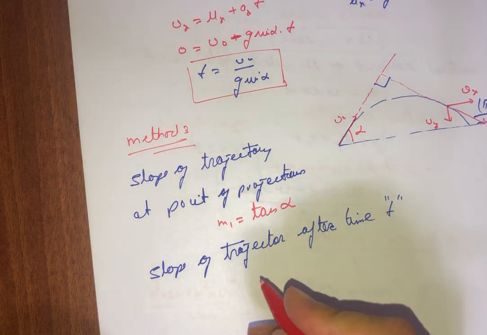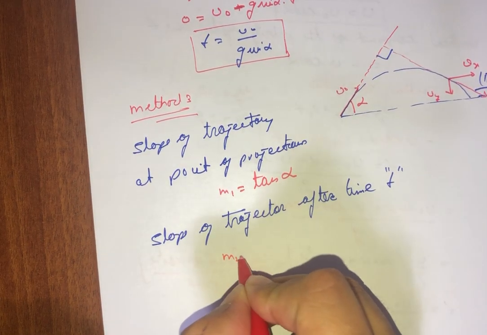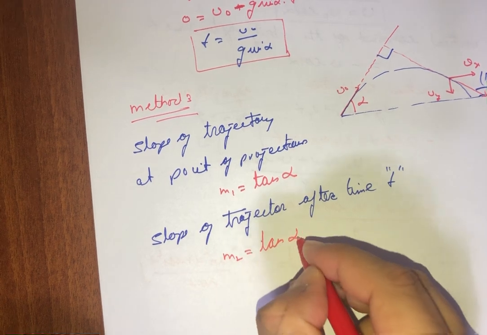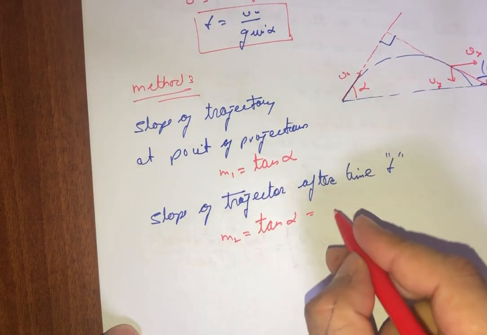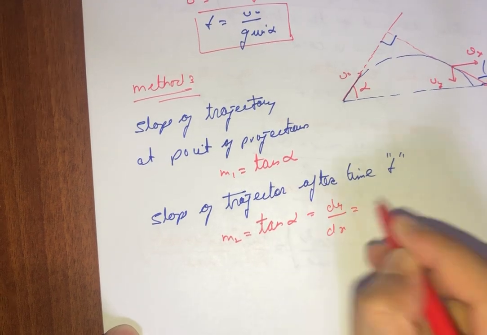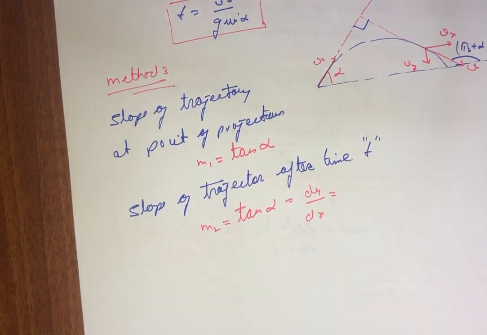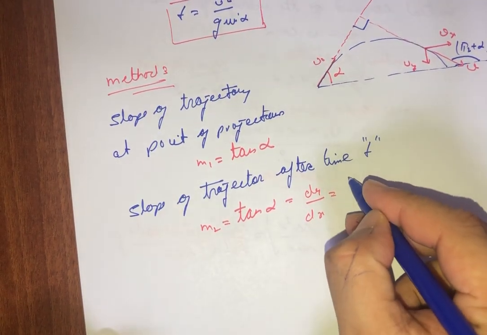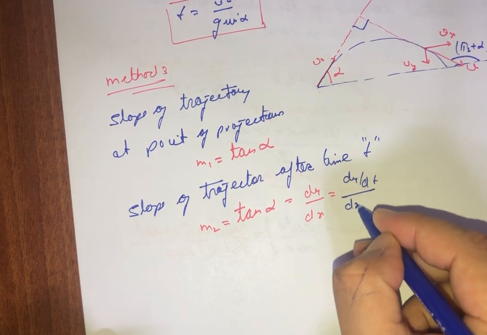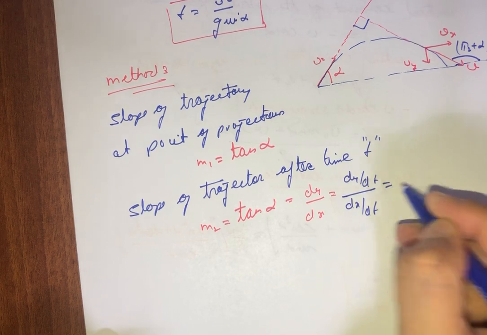Let us call this as m2, which is equal to dy by dx, and this can be further written as dy by dt divided by dx by dt.